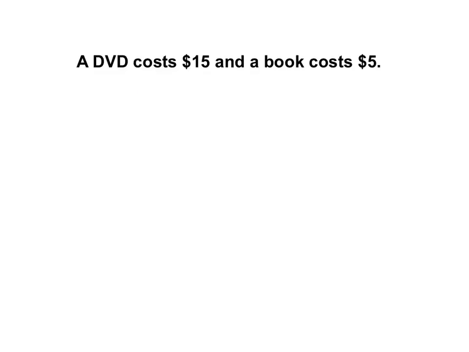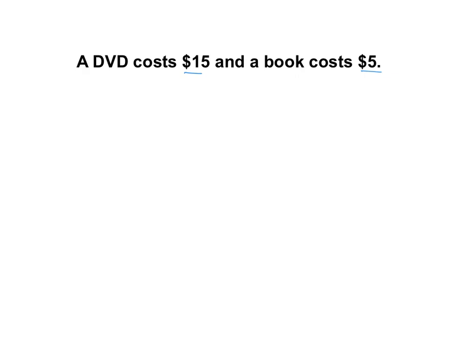Here's our statement. A DVD costs $15 and a book costs $5. I want you to make a comparison between these two objects. How do these two numbers relate? So I need to think about how to compare them.